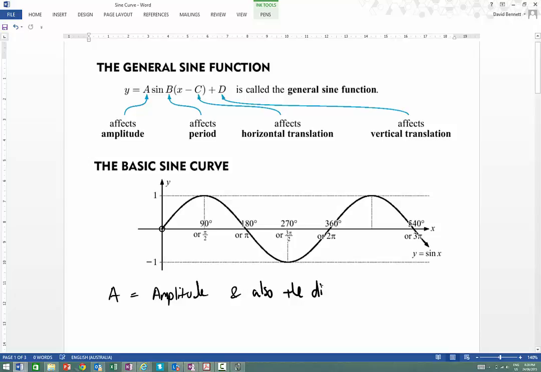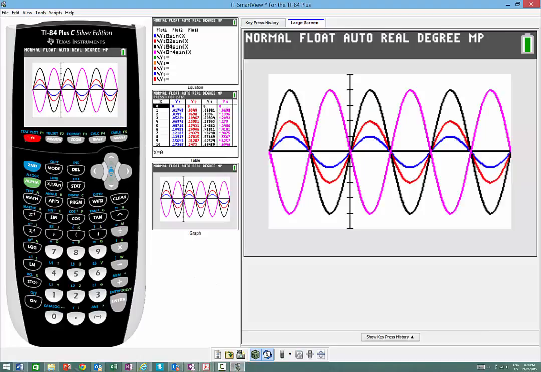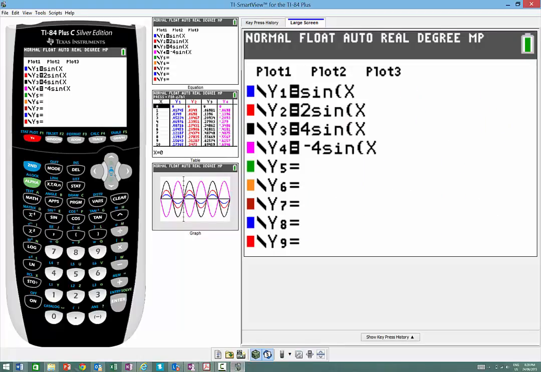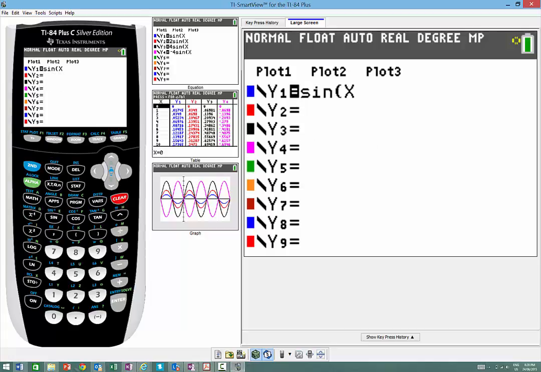Obviously if it's a negative value, then we invert the graph itself. So the amplitude also determines the direction of our sine curve. So that was the first thing we did. We're just going to go back in there and clear all of those, apart from the first one. You've got to get used to using your calculator and get really good at this. If you forget, you can always come back and look at this.